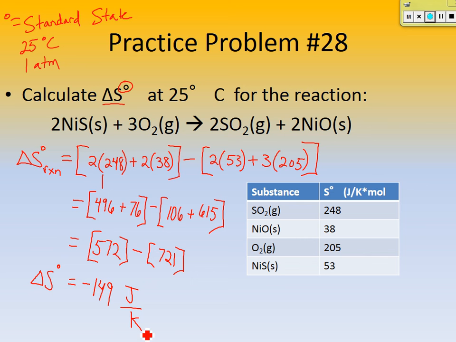This really tells us that we're at 25 degrees Celsius, which is 298 Kelvin. Now, before I move on to the next slide, what does this tell us? The change in entropy was a negative 149. Did we get more ordered or disordered? More order. More disorder.